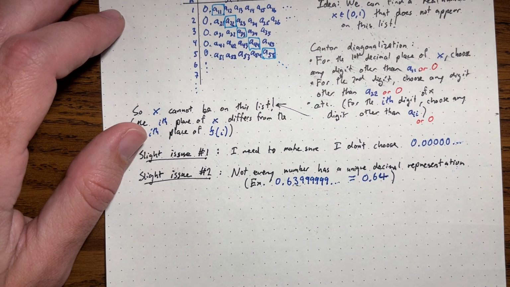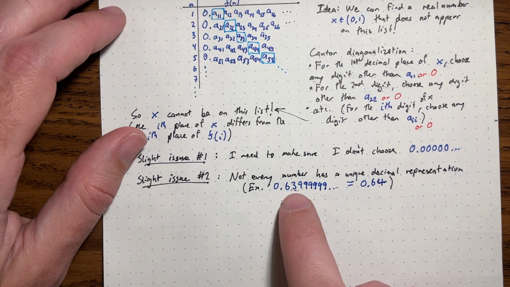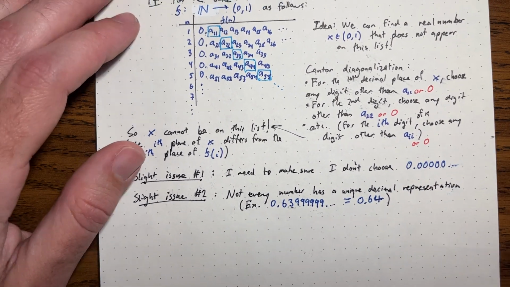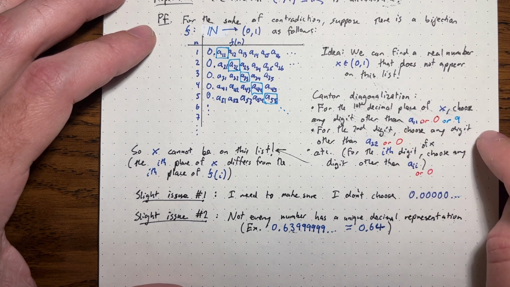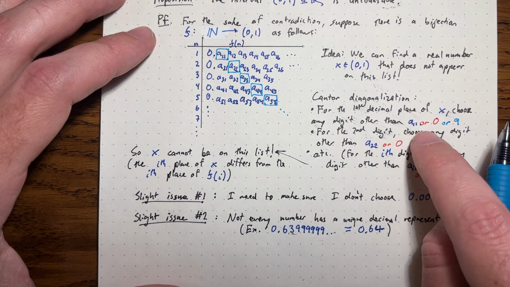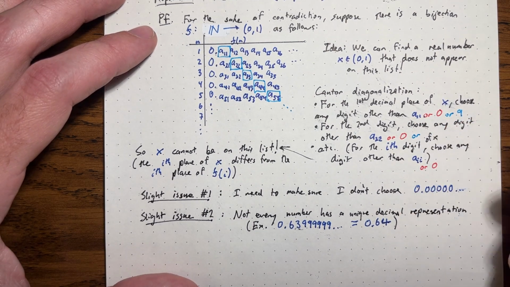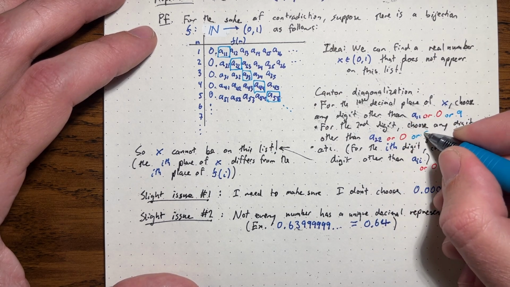Okay, so how do we fix this? Well, if this is the only problem where you can get this infinite sequence of 9s, why don't we just avoid the digit 9 as well? We can do that easily because, again, we had 10 choices. I guess we had 9 choices here, and now we have 7.